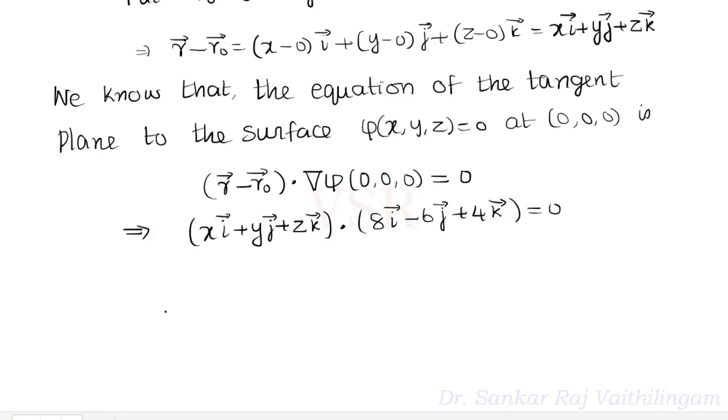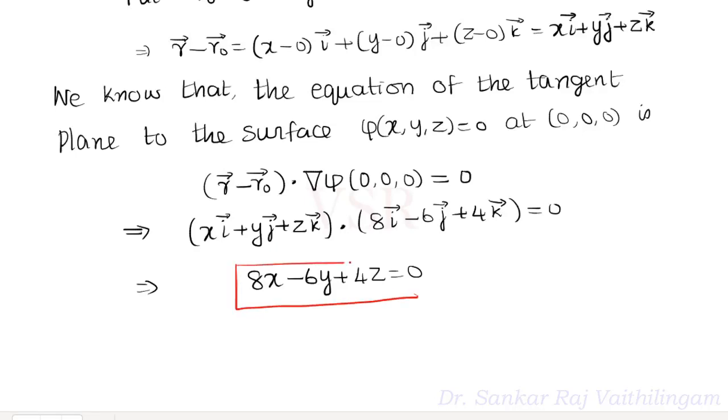So this implies that இது ரெண்டுக்கு dot product, அப்ப 8x minus 6y plus 4z which is equal to 0. So this is the equation of the plane.